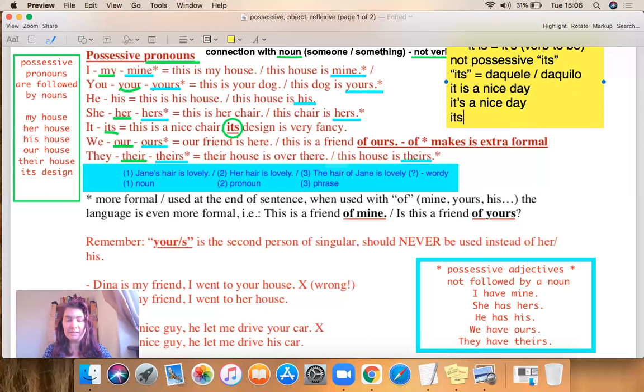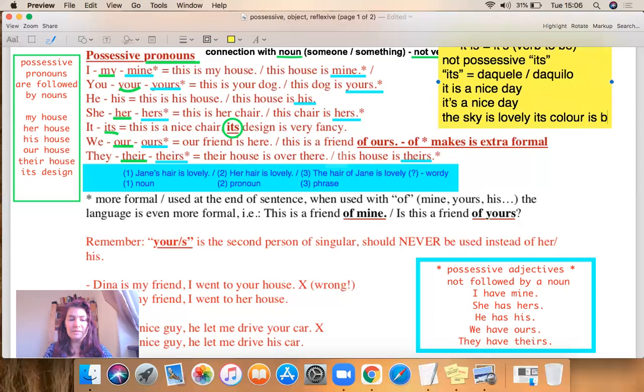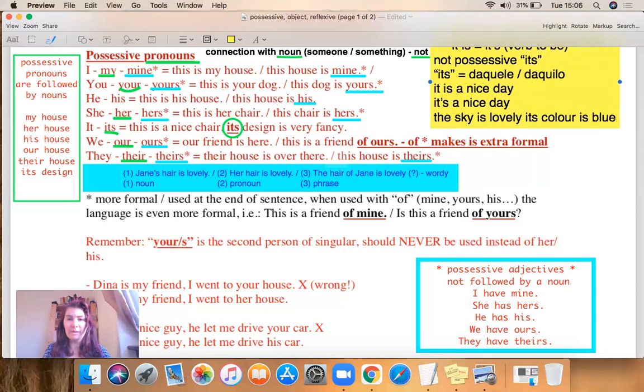And it's the day is lovely. Or the sky is lovely. Its color is blue. So the sky is lovely.